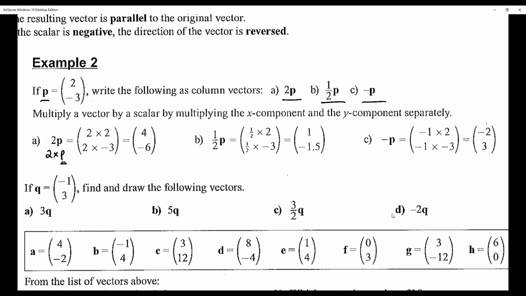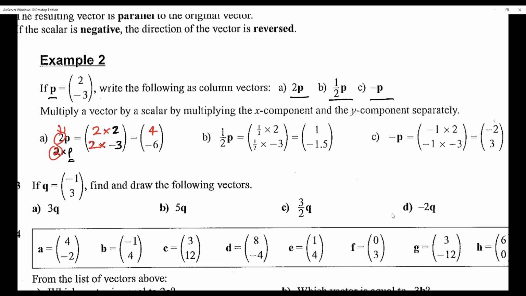So if P had an original value of 2 and minus 3, what we're doing now is multiplying each of the x and the y values by 2. Absolutely. 2 times by 2 is? 4. 2 times by minus 3 is? Minus 6.